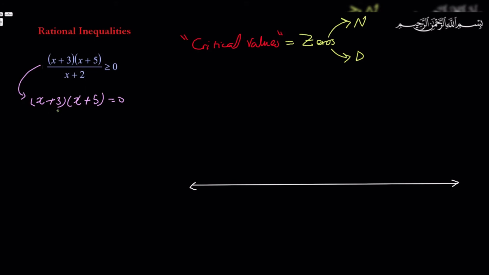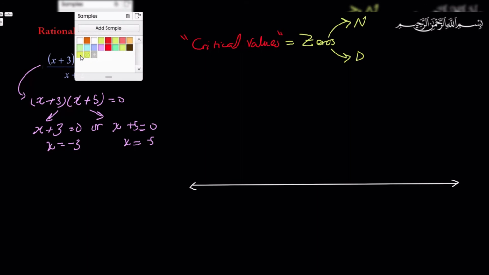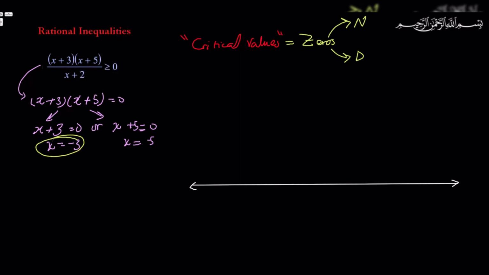We use the zero product property, and you divide this into two equations: x + 3 = 0, or x + 5 = 0. Solving this, you get x = -3, or x = -5. That was easy enough. So we found our zeros for the numerator: x = -3, x = -5.